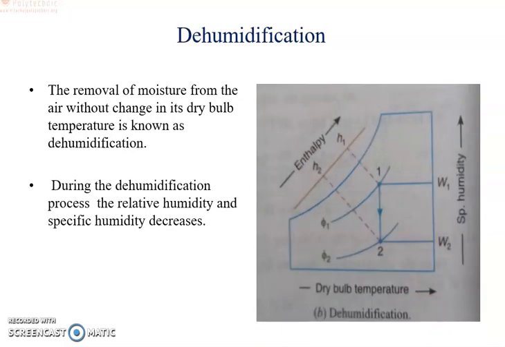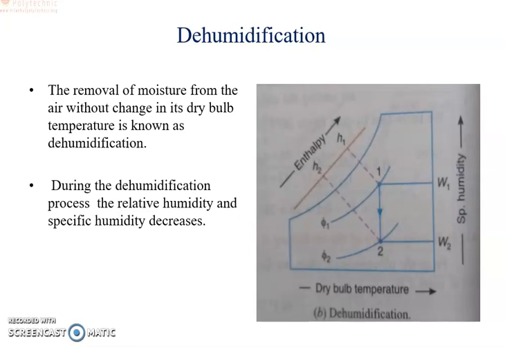And let's start the dehumidification process. The dehumidification process is exactly opposite of the humidification process. In dehumidification, you are removing the moisture from the air without change in its dry bulb temperature.